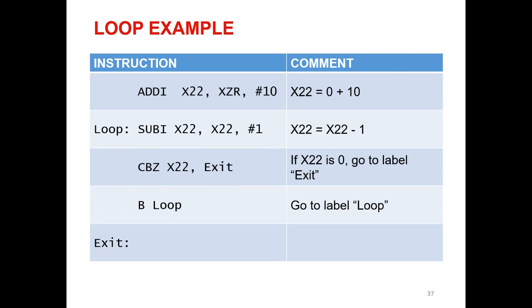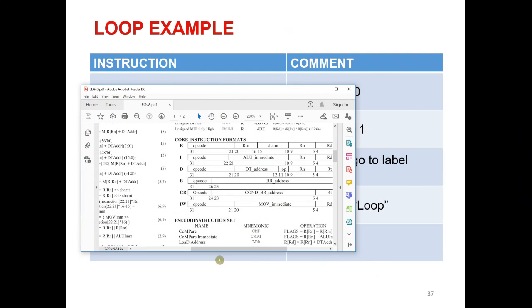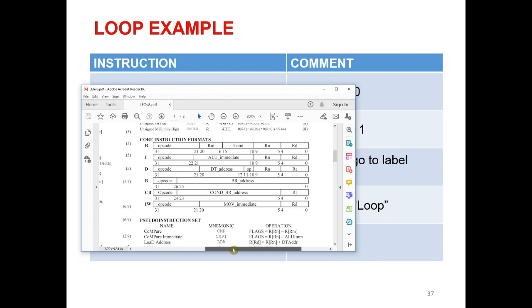Okay, is it clear? If you remember, I have told you that this instruction here, the compare and branch if 0, has a CV format. If you go to the reference data, you see here the instructions and the instruction format.